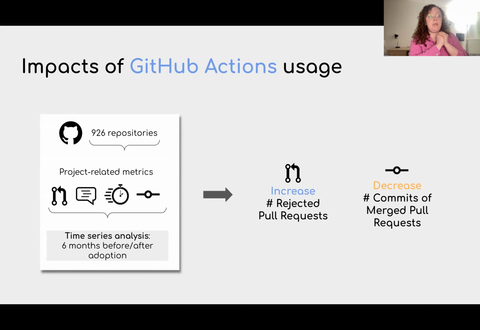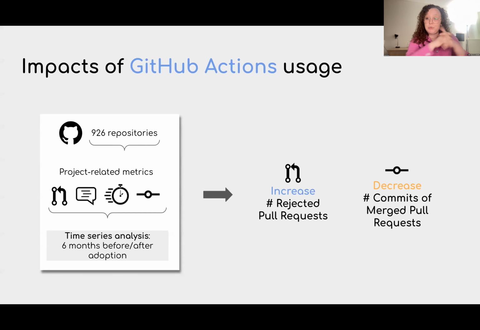Basically, we looked at a lot of different metrics before and after, and we see two interesting things. First, there is an increase in the number of rejected contributions. After adding these actions, you can see more rejected pull requests in your project. Is it something that you are expecting?